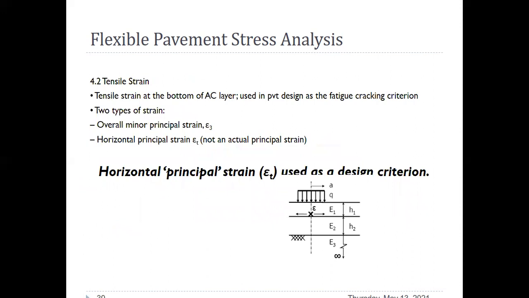Then, if you're talking about the horizontal tensile strain, we calculate it right at the bottom of the flexible layer, and this is for the fatigue cracking criterion. It also depends on the overall minor principal strain and horizontal principal strain, though it's not an actual principal strain.